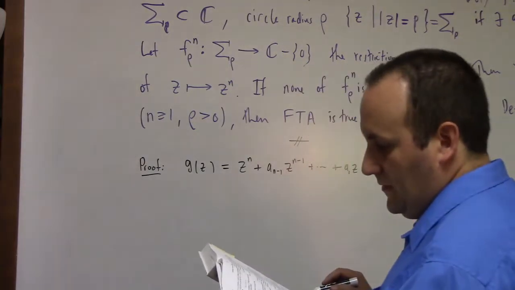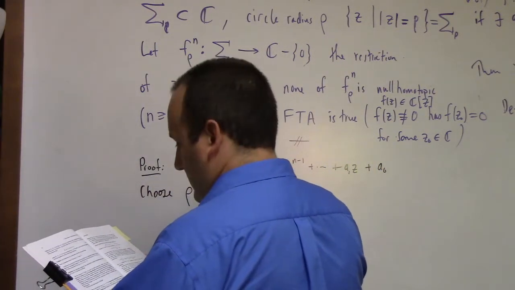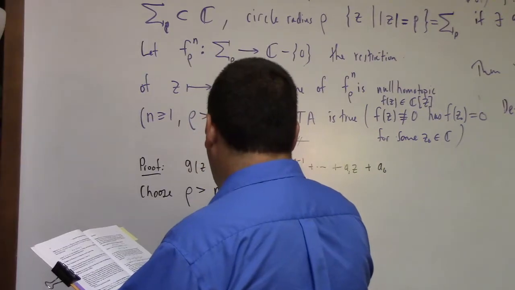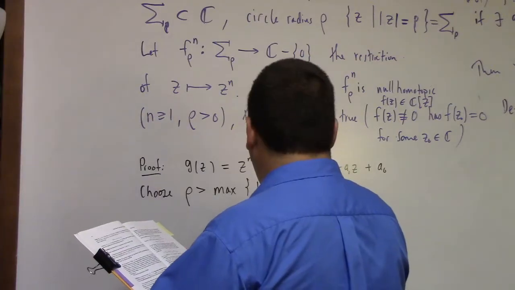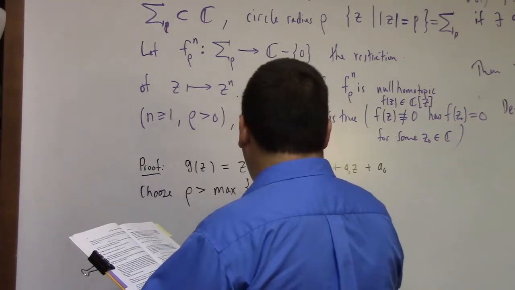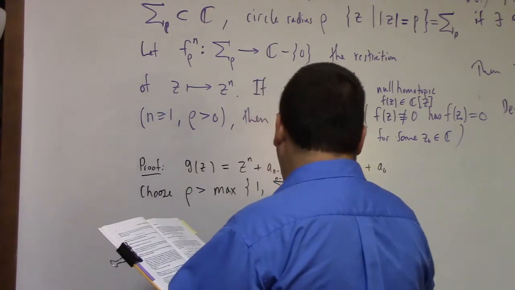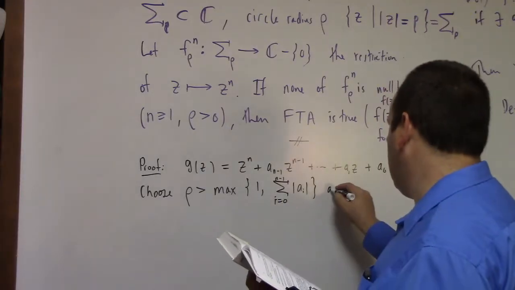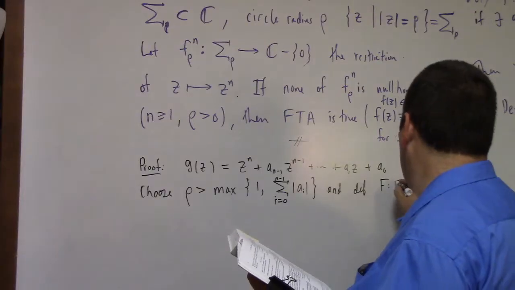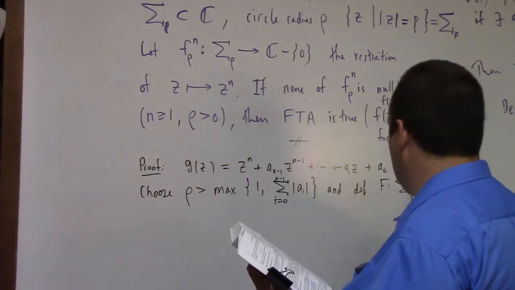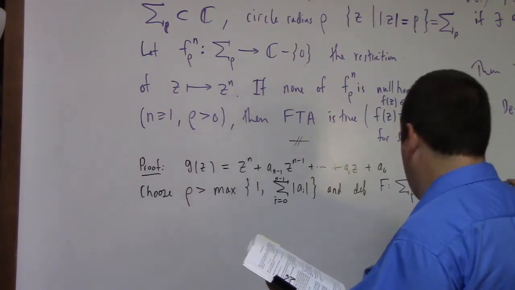All right? And he says you choose rho greater than the max of 1 and the sum, i equals 0 to n minus 1, of the modulus of the coefficients a sub i. And define f from that circle cross the unit interval to the complexes by, what do we do?